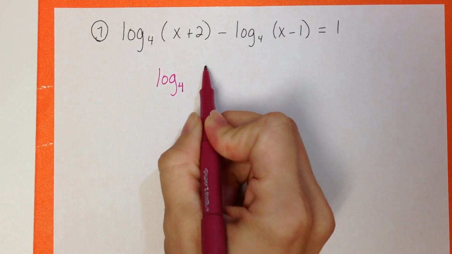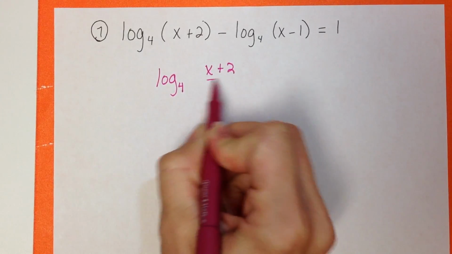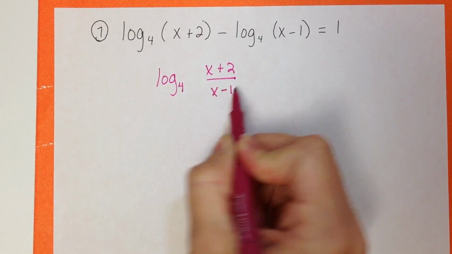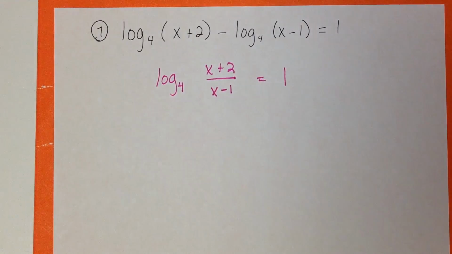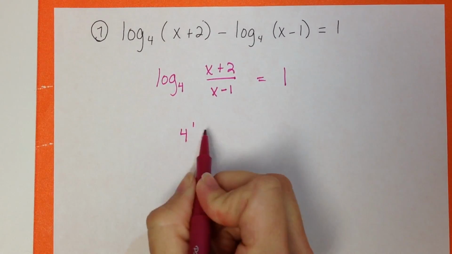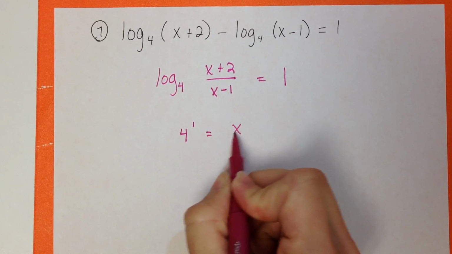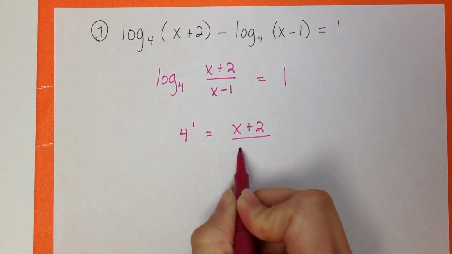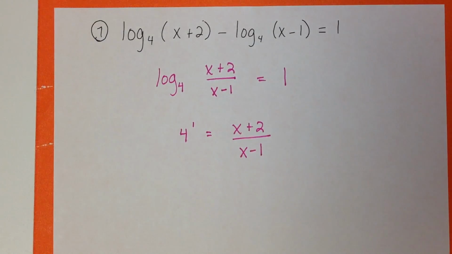So I'll have log base 4 of x plus 2 divided by x minus 1. Now that we have it as a single log, you're ready to change it to exponential form. So this would be 4 to the first power is equal to x plus 2 divided by x minus 1.